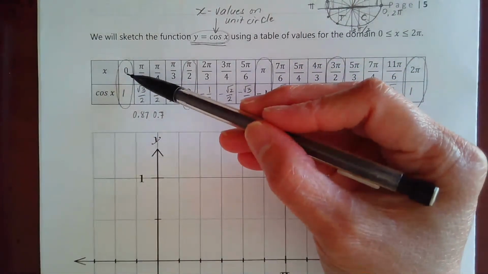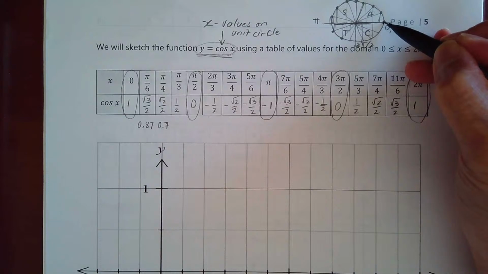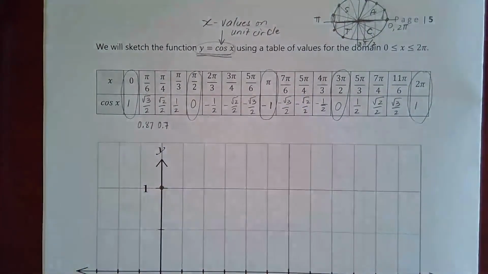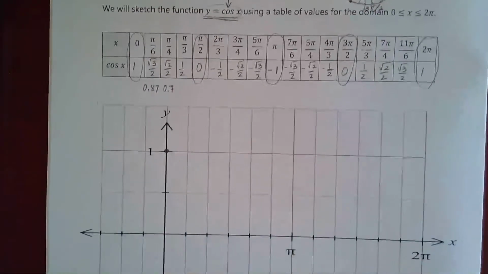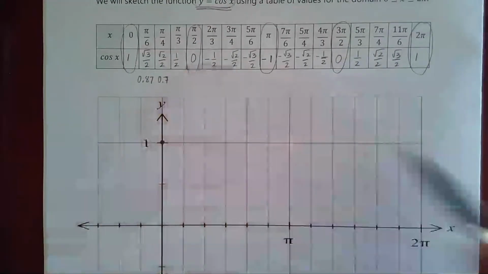So if I turn 0 degrees, where I'm not turning at all, my x is 1. I'm starting my point right there at 1. And then my next one at pi halves is 0.